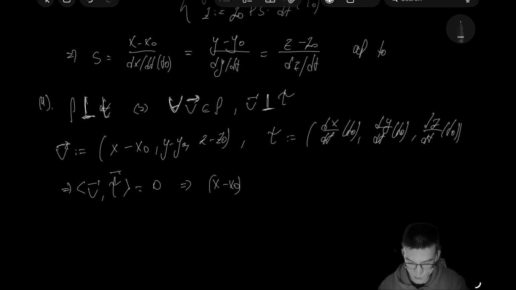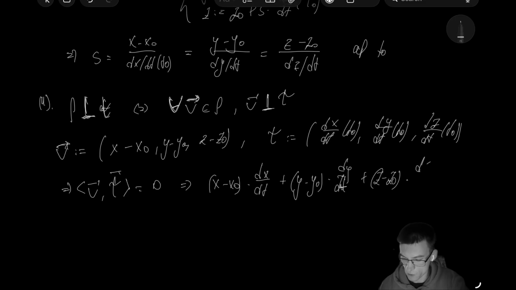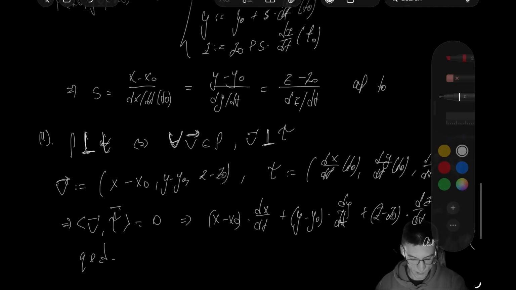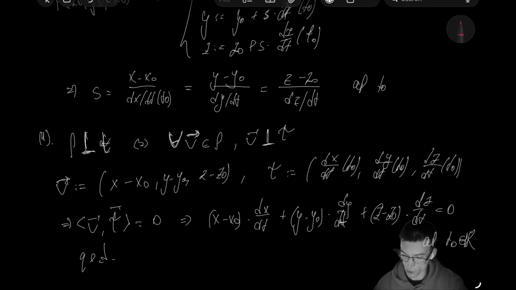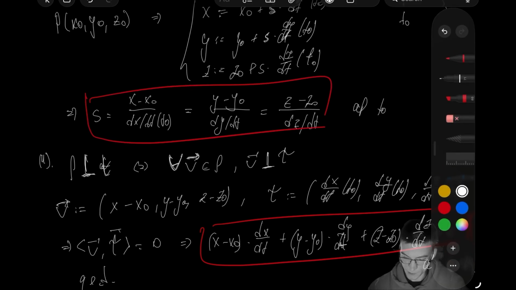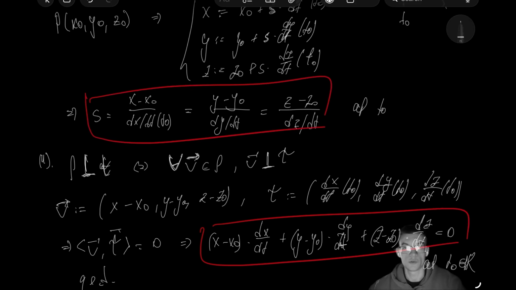Consequently, (x minus x0) times dx over dt plus (y minus y0) times dy over dt plus (z minus z0) times dz over dt equals 0, at a specific t0. So that's pretty much it. These are the two formulas for both the tangent line and the normal plane.